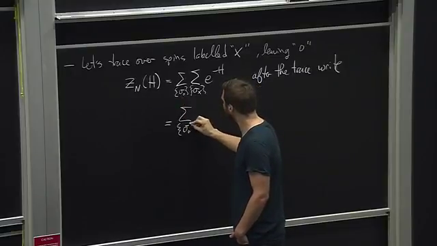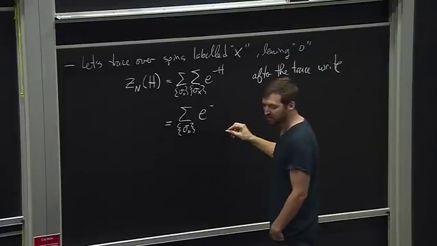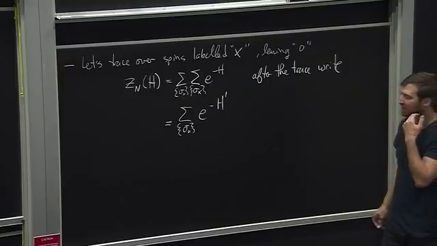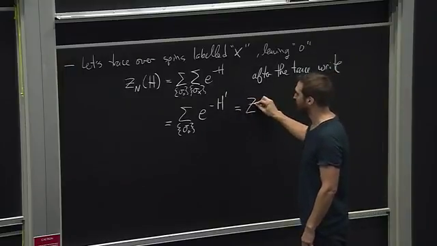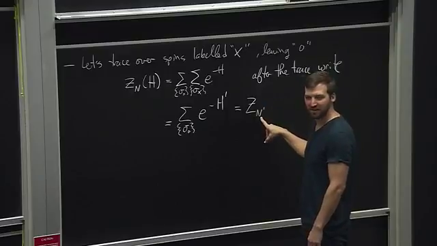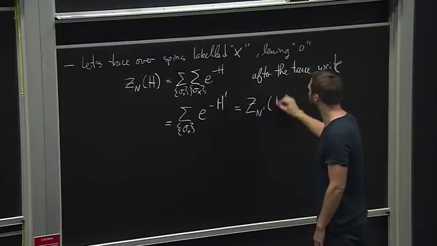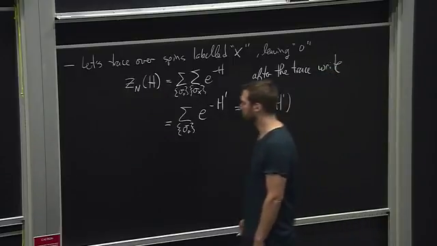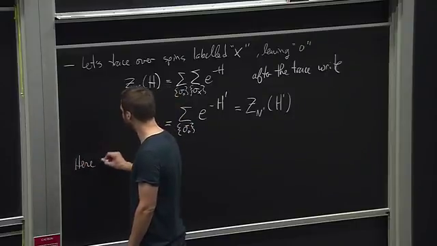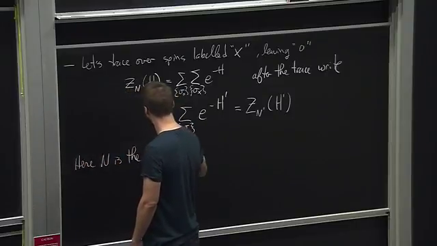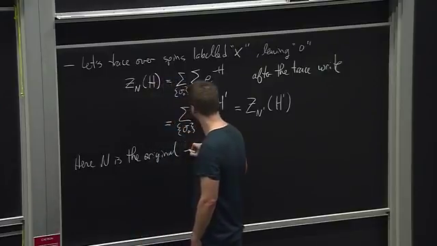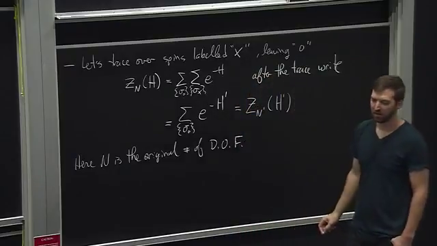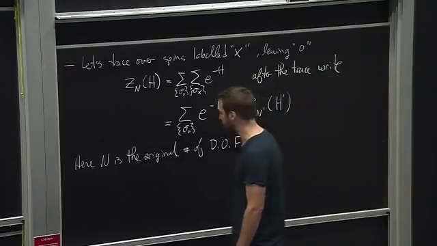O's. e to the minus, say, call it H prime. Which is just Z, there's a new number of spins, and there's a new set of interactions. So n is the original number of degrees of freedom, and n prime is the degrees of freedom after the trace.